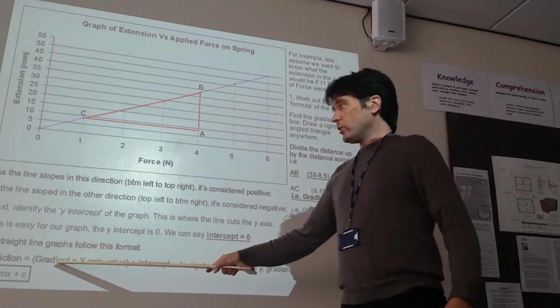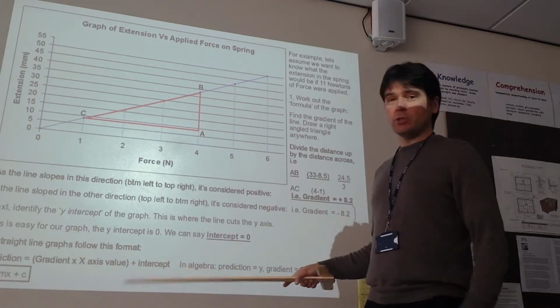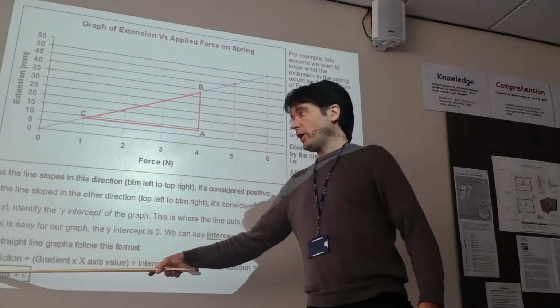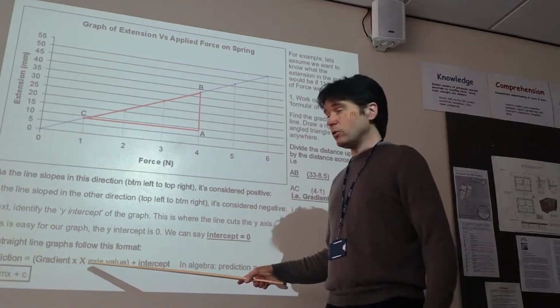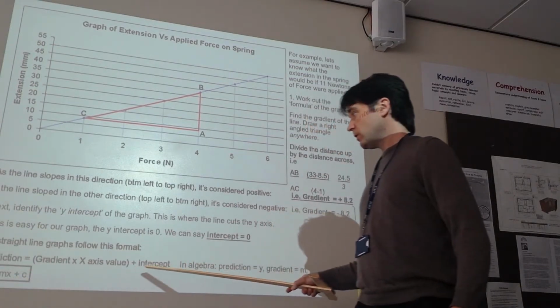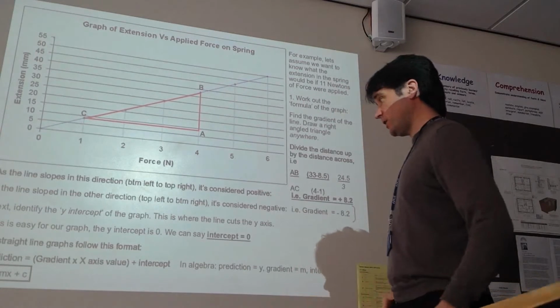The gradient we know times the x-axis value that we want to know at the intercept is usually written as y equals, and then m for gradient, x for the number you want to know, and plus c for adding on what the number is where it cuts the y-axis. In our case, let's fill those numbers in.